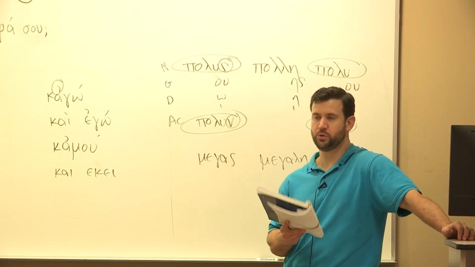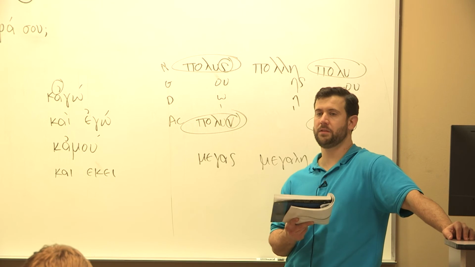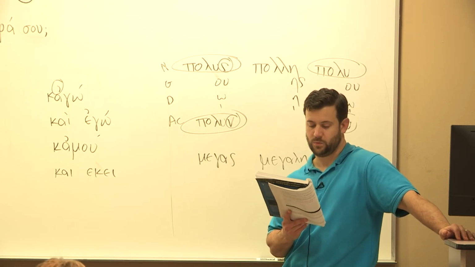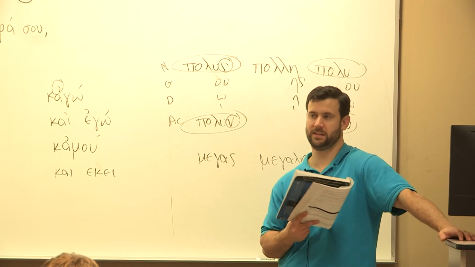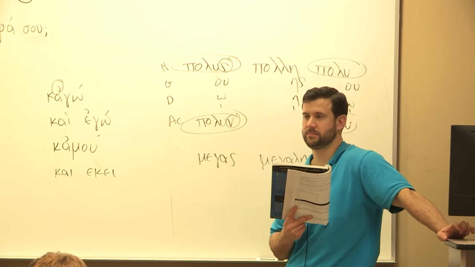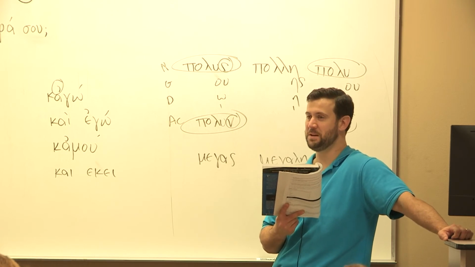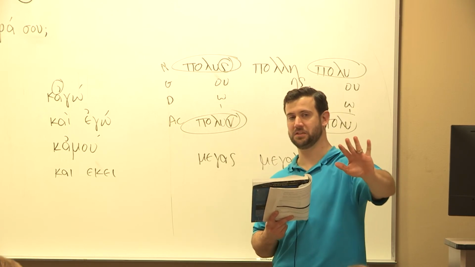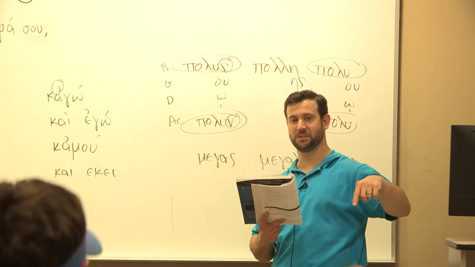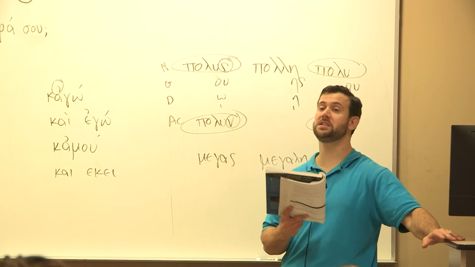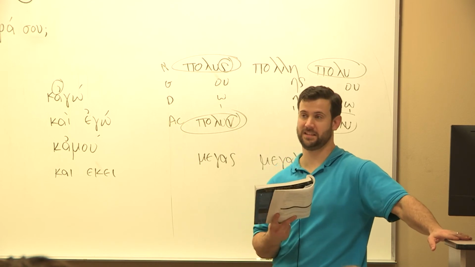Ek tou kosmou toutou. Somebody other than Wesley, tell me what position toutou is in. It's like people are resistant to learning this particular fact. What position is it in? Not what case.